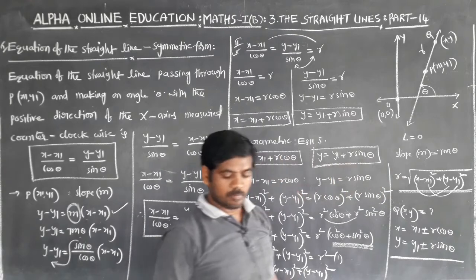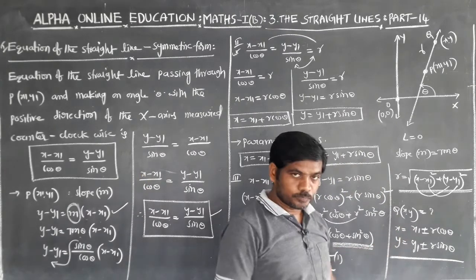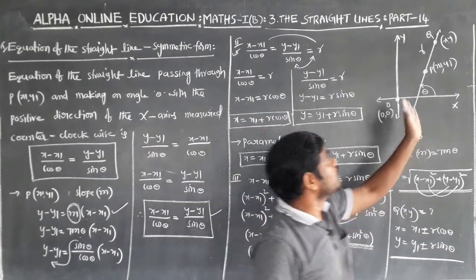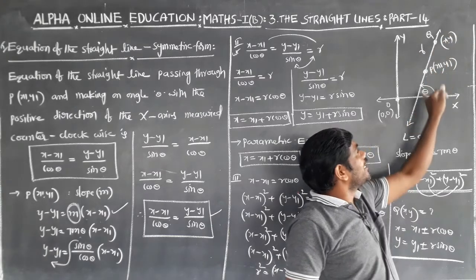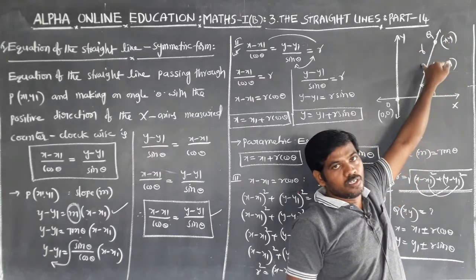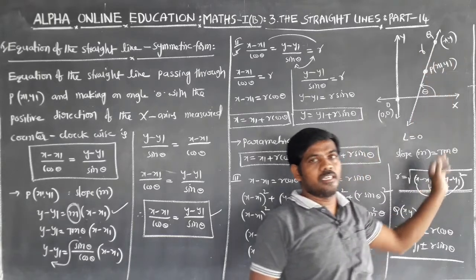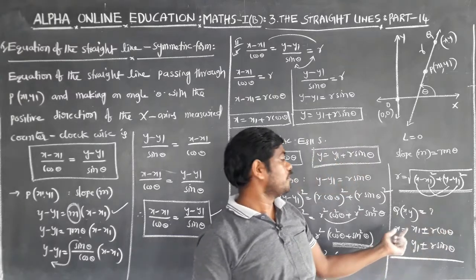This is the formula for finding the coordinates of the point Q. Upper side of the point P is positive, lower side of P is negative, taking r values.